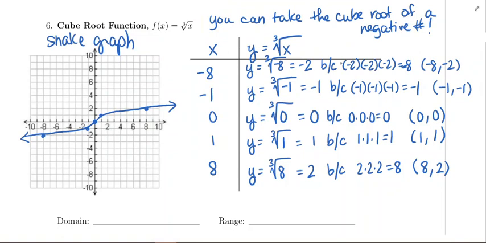All right, so let's talk domain and range here. For domain, think about the table of values. We can plug in 0 for x, positive numbers, and negative numbers, so nothing got us in trouble. From the formula, when we talked in 3.1 about domain, remember, if you're dealing with a cubed root function, the domain is all real numbers, because you can have a negative underneath the radical sign.